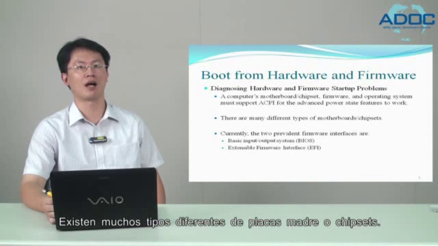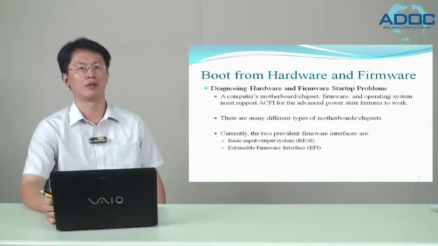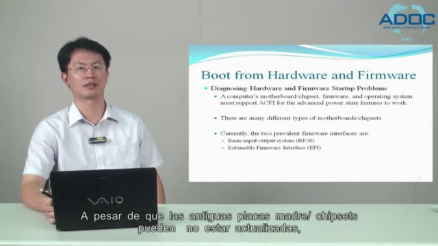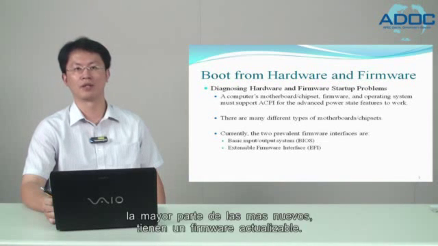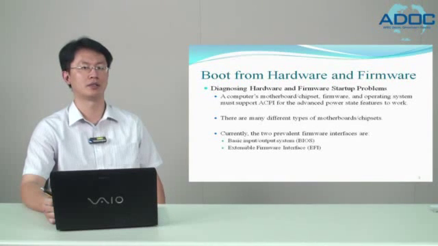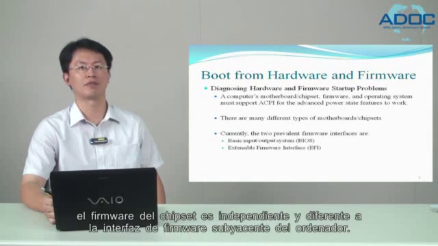There are many different types of motherboard chipsets. Although older motherboard chipsets might not be updatable, most of the new ones have updatable firmware. Chipset firmware is separate from the computer's underlying firmware interface.